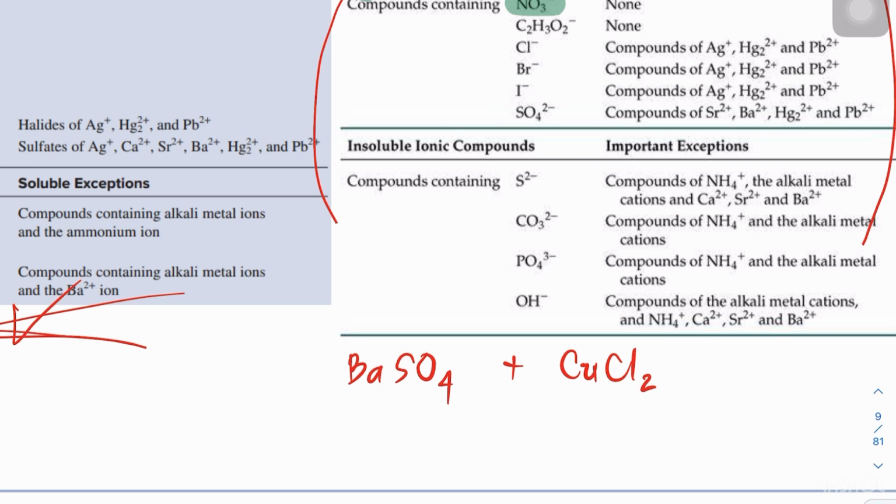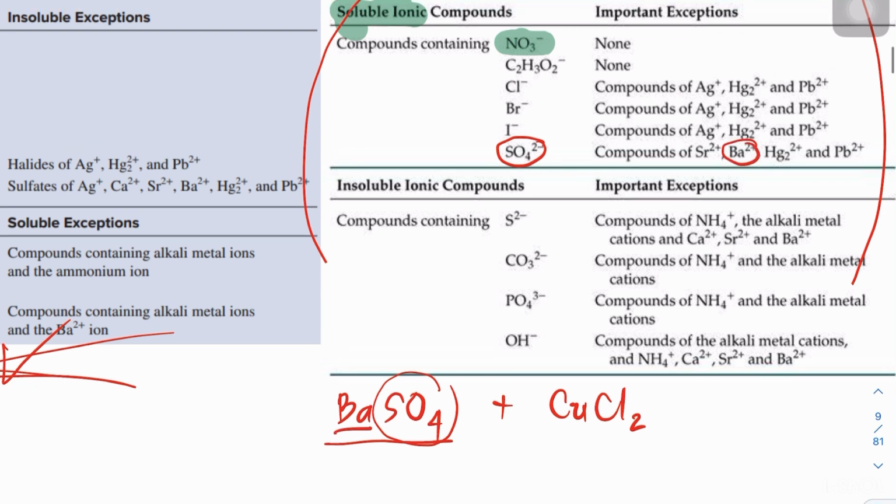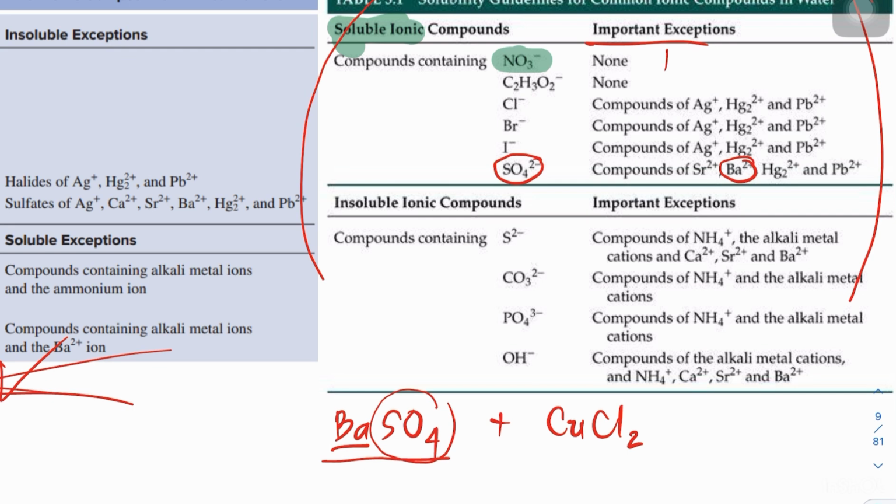Using these solubility rules, can you identify whether BaSO4 is soluble or insoluble? So BaSO4: SO4 is there, and then there's Ba. So it is under an important exception.